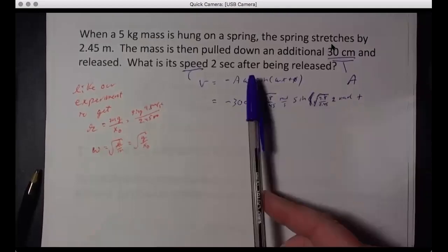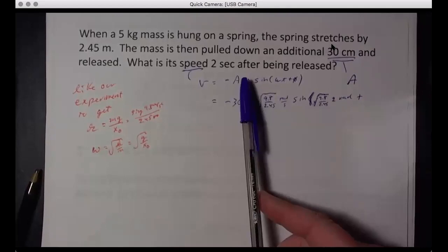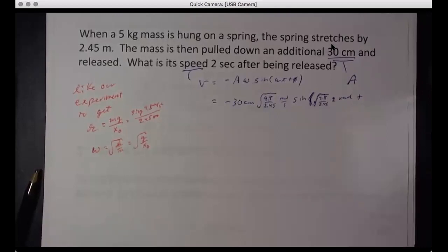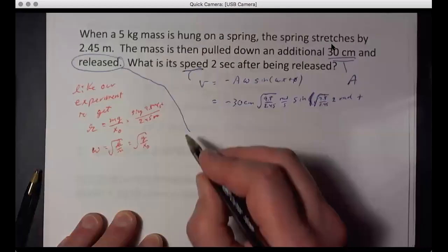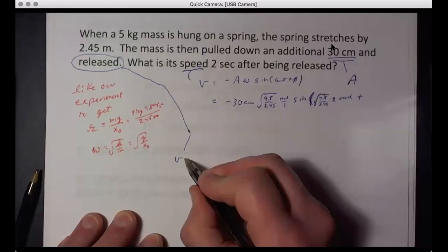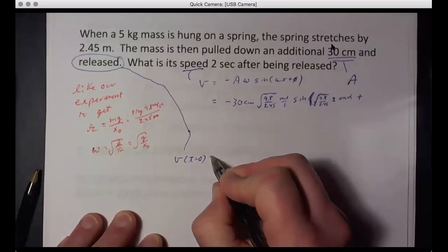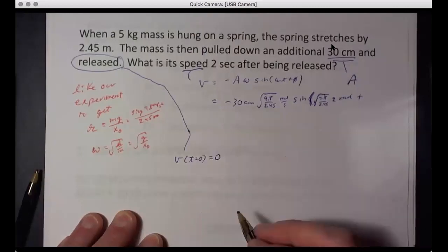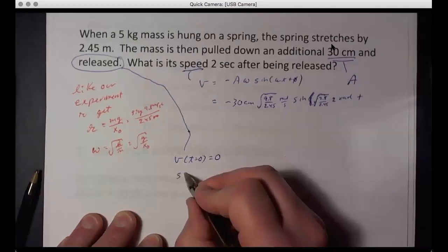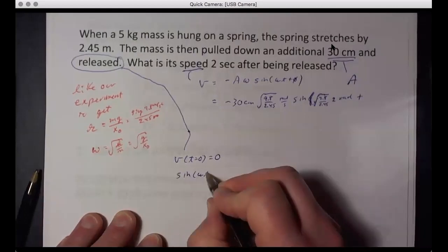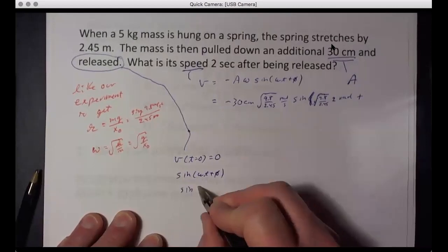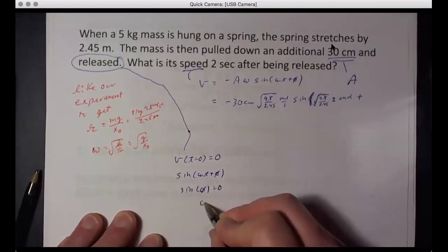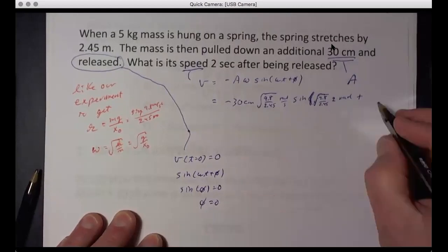So what is the velocity when I release it? At time equals 0, it's released. So that tells us that velocity at t equals 0 is equal to 0. And so the sine of omega t plus phi tells us the sine of phi is equal to 0. So we'll just take phi equal to 0. So that's a 0 up here.